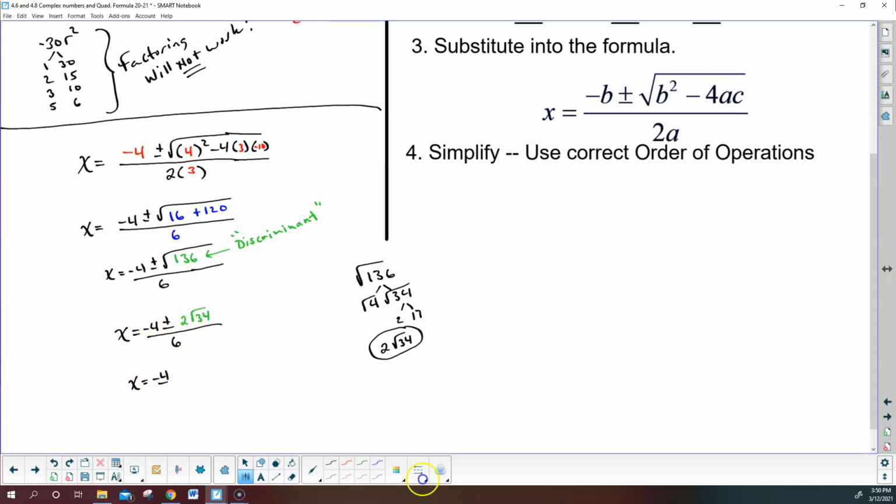But think of those as fractions. Okay, you could write it this way. And then we can reduce each one separately, right? Negative 4 over 6 is negative 2/3. And then here, the 2 and the 6 are going to reduce out as a 1 square root of 34 over 2.